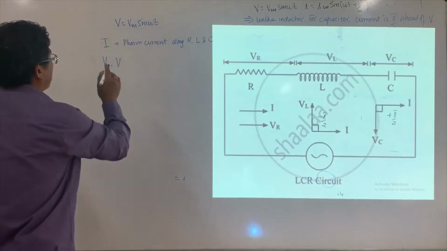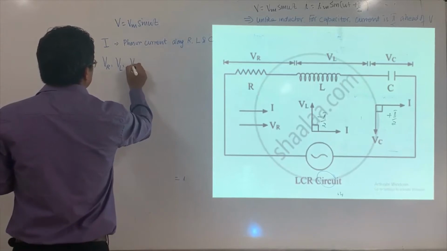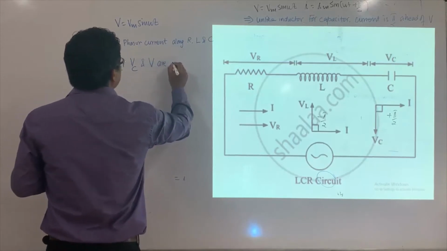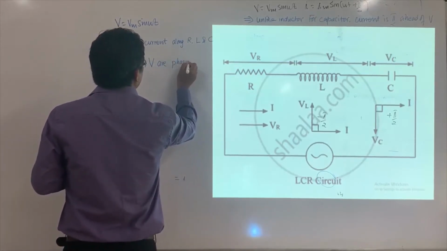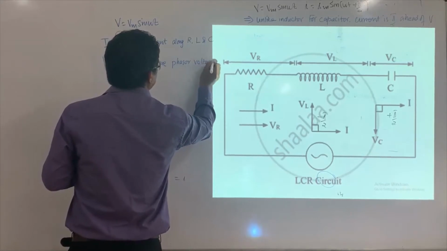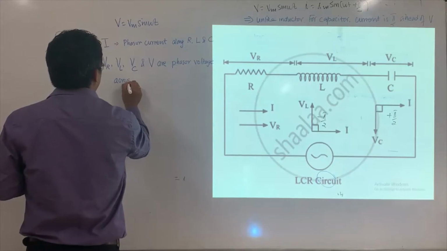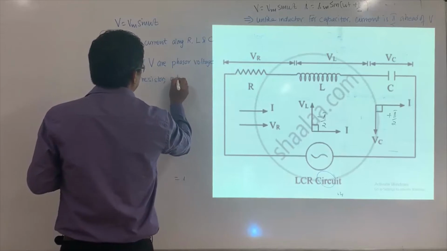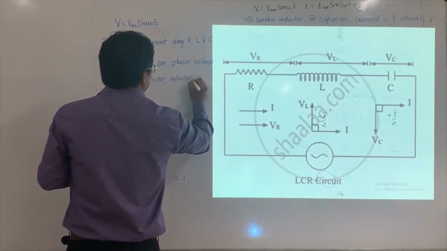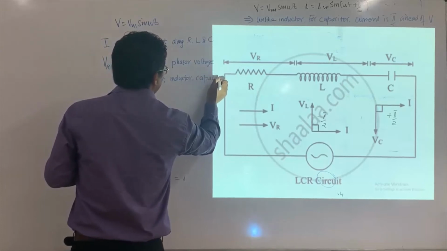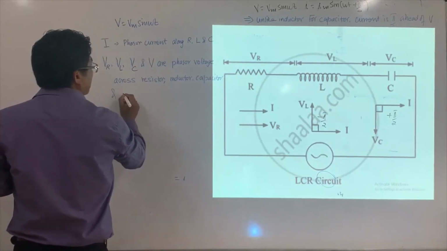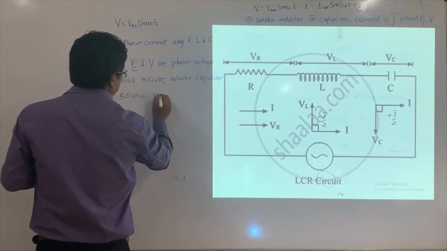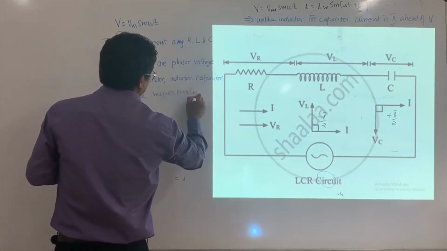This is the inductor, this is the capacitor, and these are the phasor voltages across the resistor, inductor, capacitor, and source respectively. This is what we have.